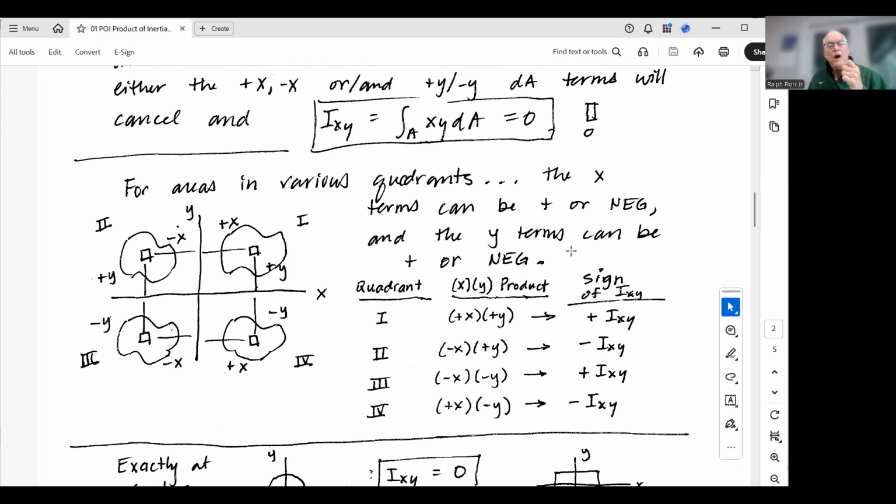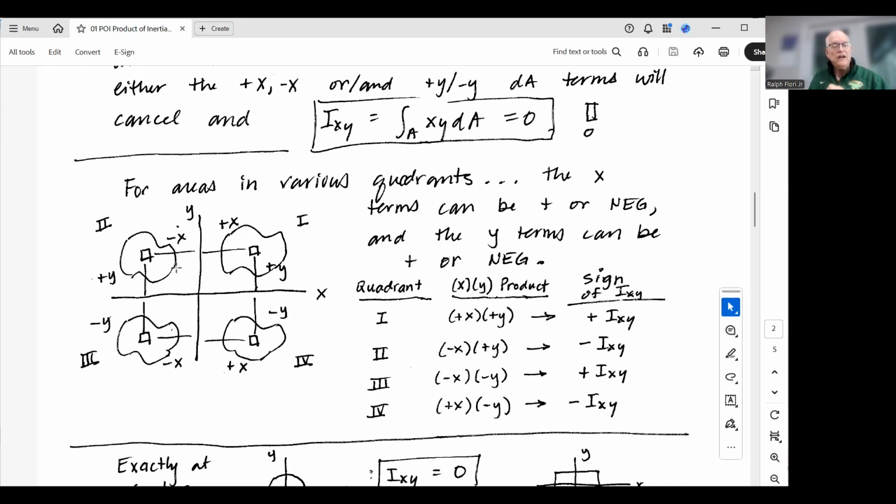For areas in different quadrants, the X and Y terms can each be positive or negative. For example, if you have an area in quadrant 1 and a given dA, you've got a positive Y, a positive X, and when you take the XY product, the result is a positive IXY. For an area that lies in quadrant 2, the X terms are negative, the Y terms are positive, and so the product of negative X times positive Y gives you a negative IXY.